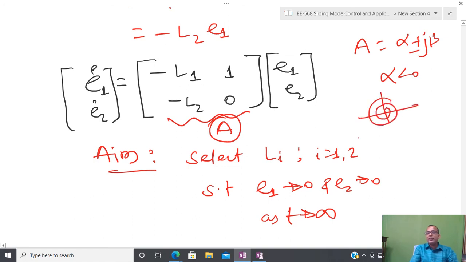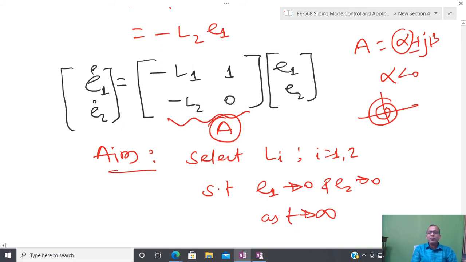Finally we converge to the equilibrium point. So if I select the eigenvalue strictly negative, or if it is complex, the real part negative, then E1 and E2 both converge to 0 asymptotically.